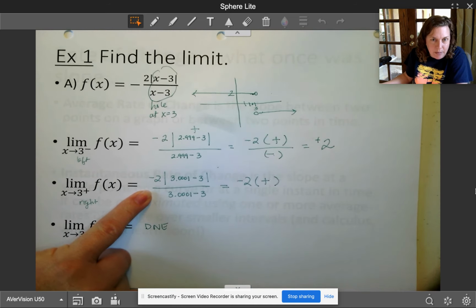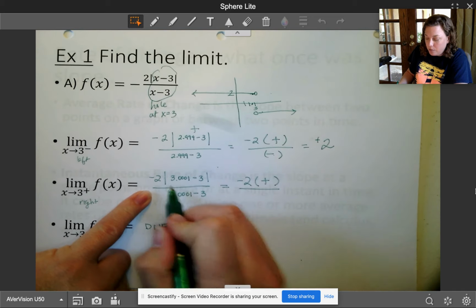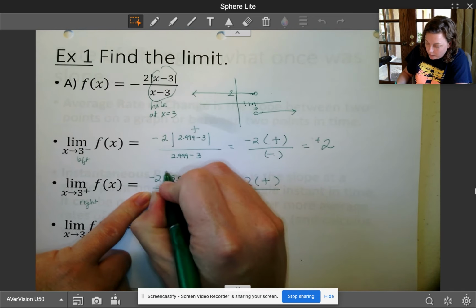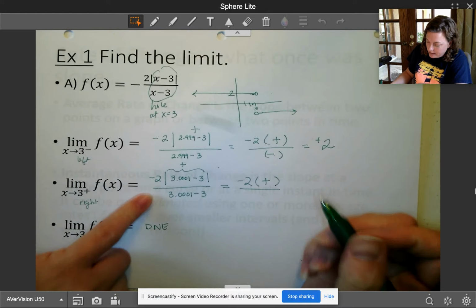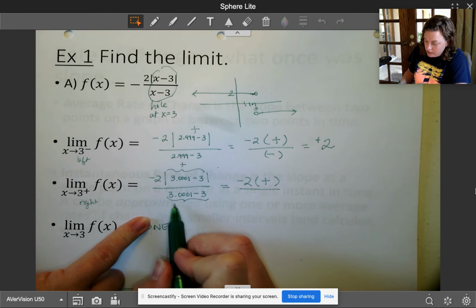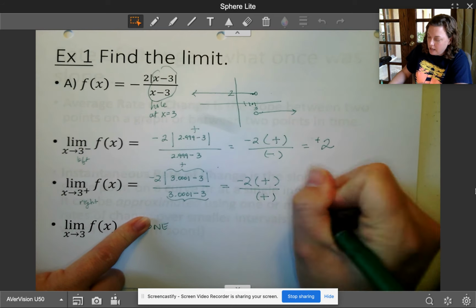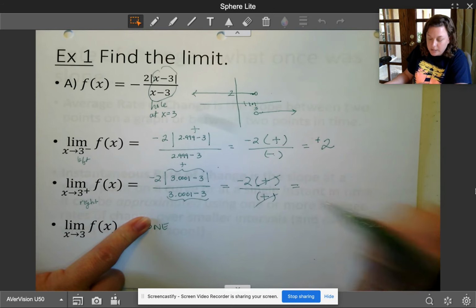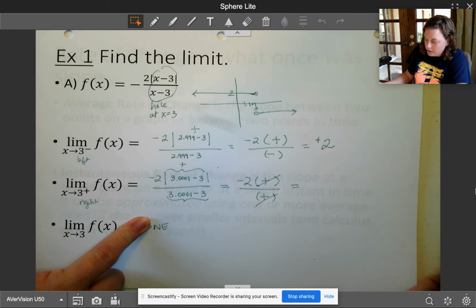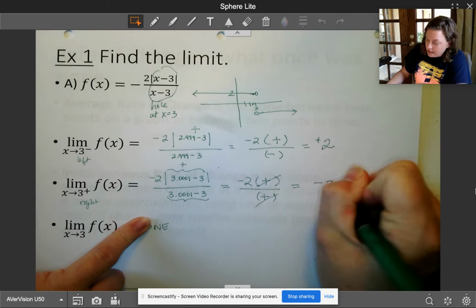I don't really care what the number is, but it is a positive result because it's inside the absolute value. So that has to be positive there. But this part also would be positive, a positive result. And again, they're going to reduce anyway. They're the same factor.